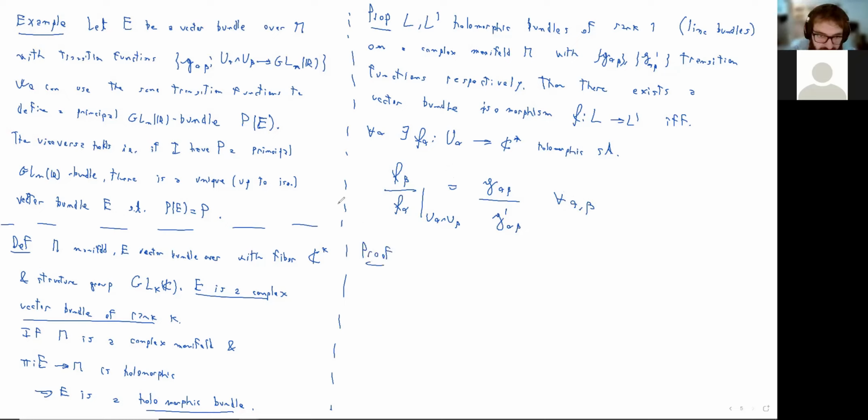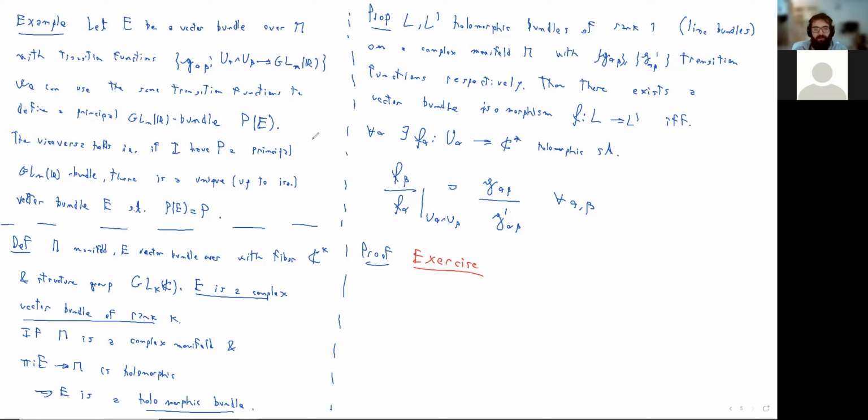I'm going to discuss it in a second, but first I'm going to give you the proof as an exercise. Maybe it looks a bit hard, but we already did this for general bundles. We have a proposition where you have just two vector bundles of any rank, and we know that they are isomorphic to each other if and only if some functions exist.